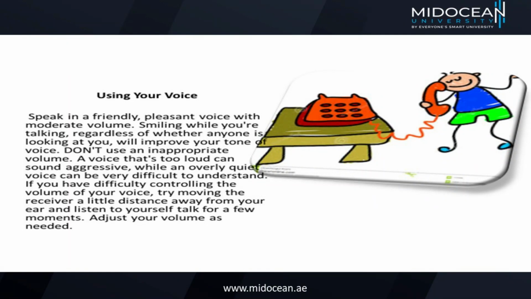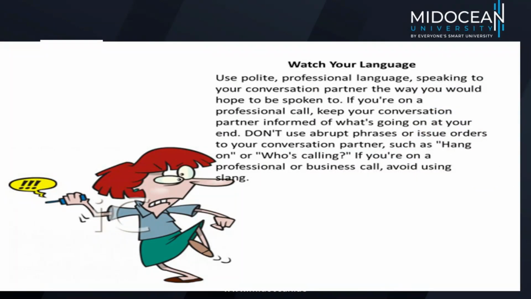A voice that is too loud can sound aggressive, while an overly quiet voice can be very difficult to understand. If you have difficulty controlling the volume of your voice, try moving the receiver a little distance away from your ear and listen to yourself talk for a few moments. Adjust your volume as needed.